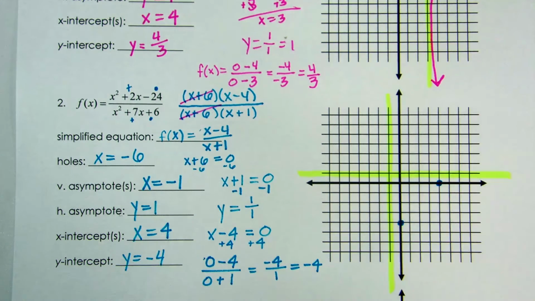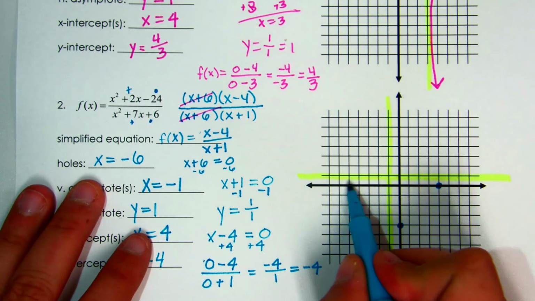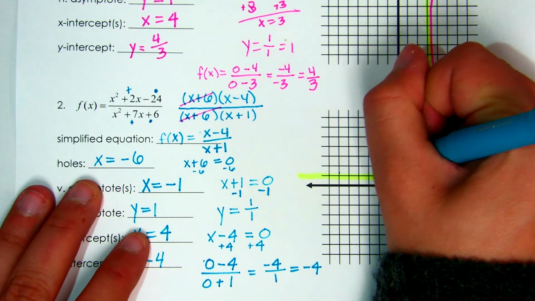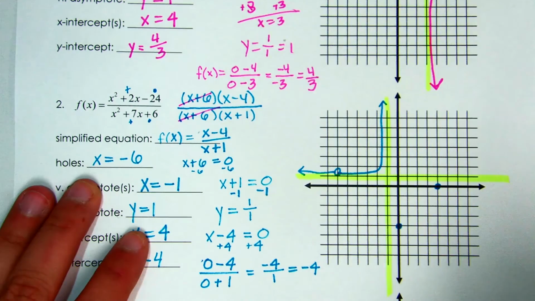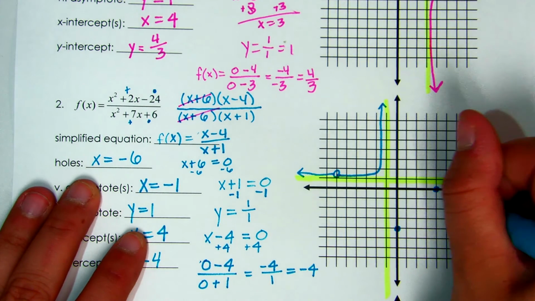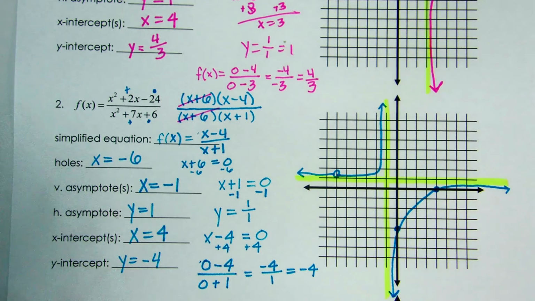So again, we're going to be top left, bottom right. At x is negative 6, I'm going to have a hole. So 1, 2, 3, 4, 5, 6, somewhere right here. So when I draw top left at negative 6, leave a hole. And the bottom, use the x and y intercepts to draw. And I'm done.